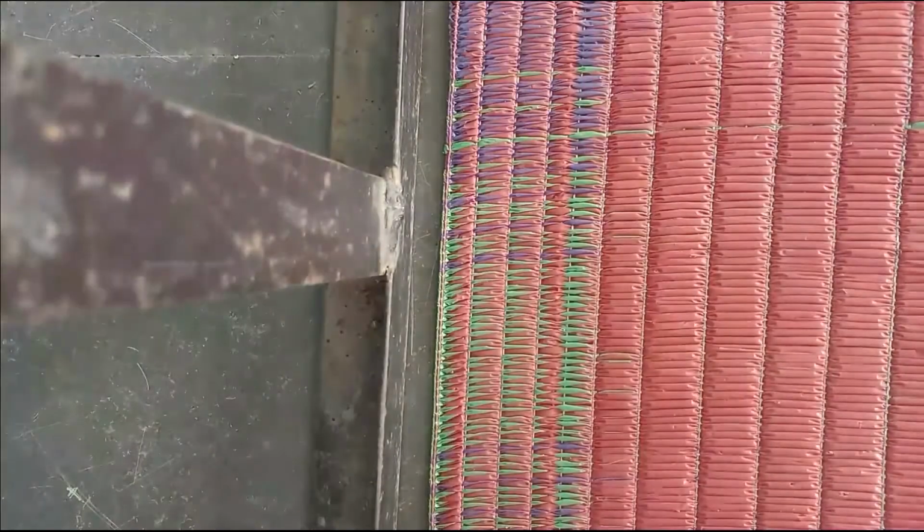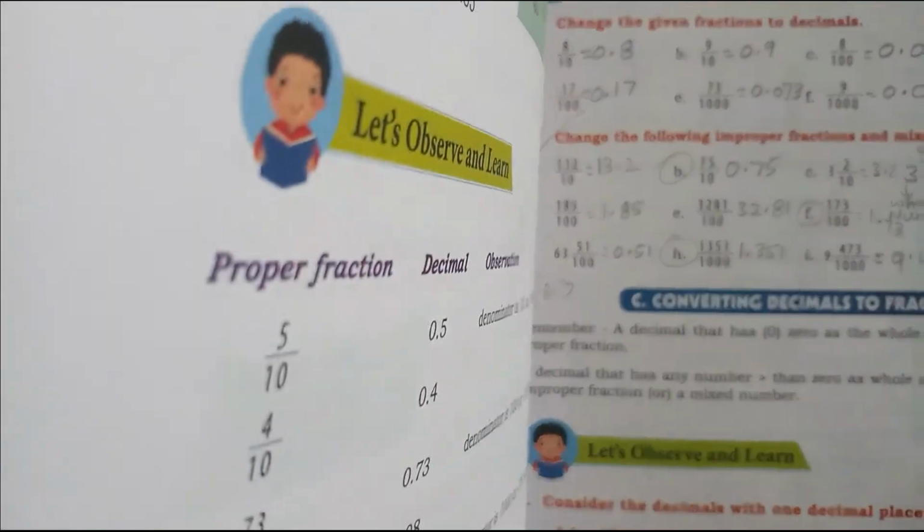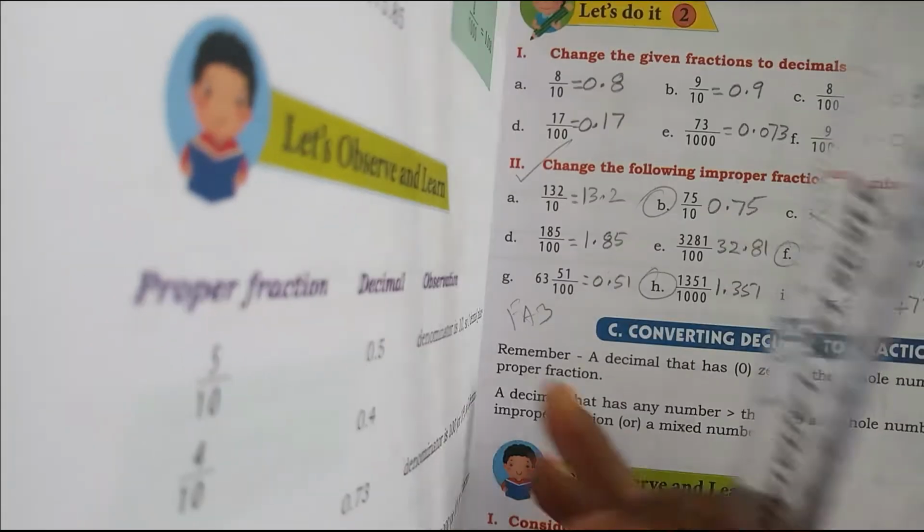After the decimal point, 2 we have written. This 2 is nothing but the decimal fraction. So likewise, do the rest of the sums on your own.